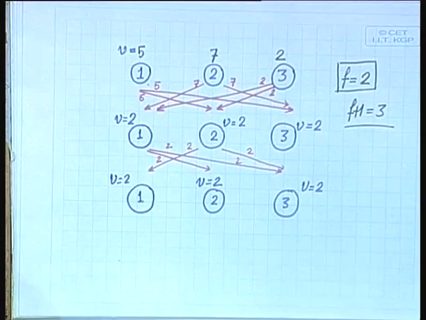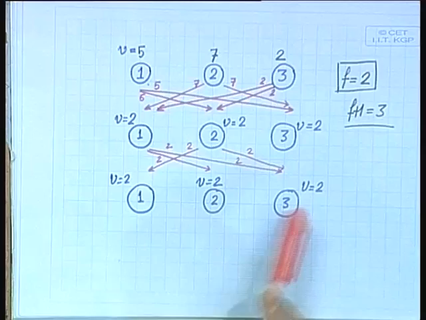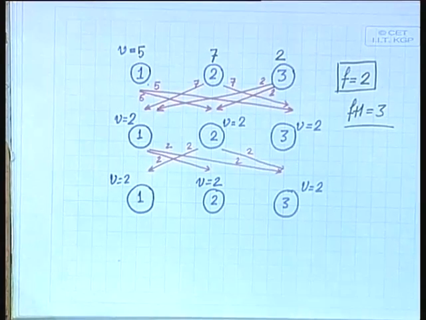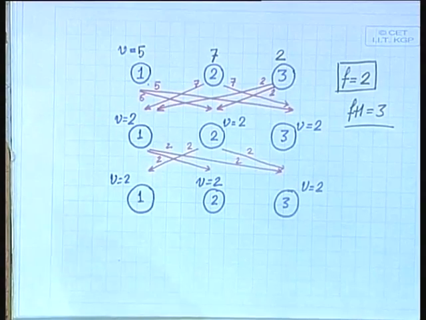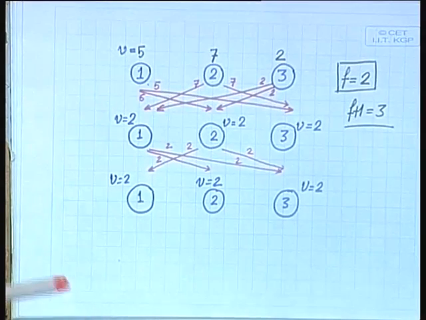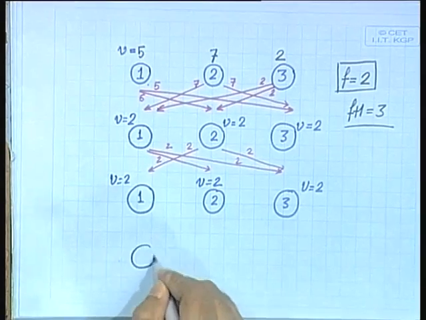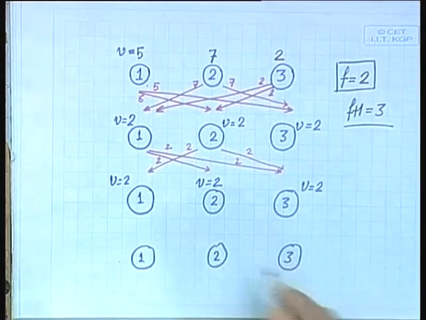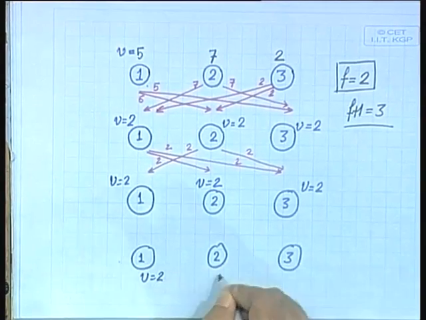No one will send anything, because they have all sent 2, and 2 is still their minimum value. So, nobody will send anything, and at the end of 3 rounds, they will all agree on the value V equal to 2.